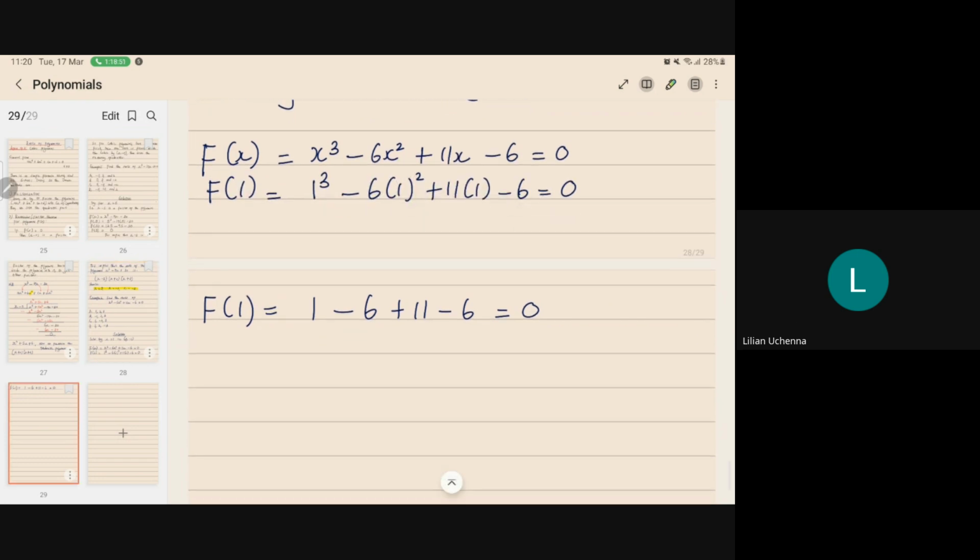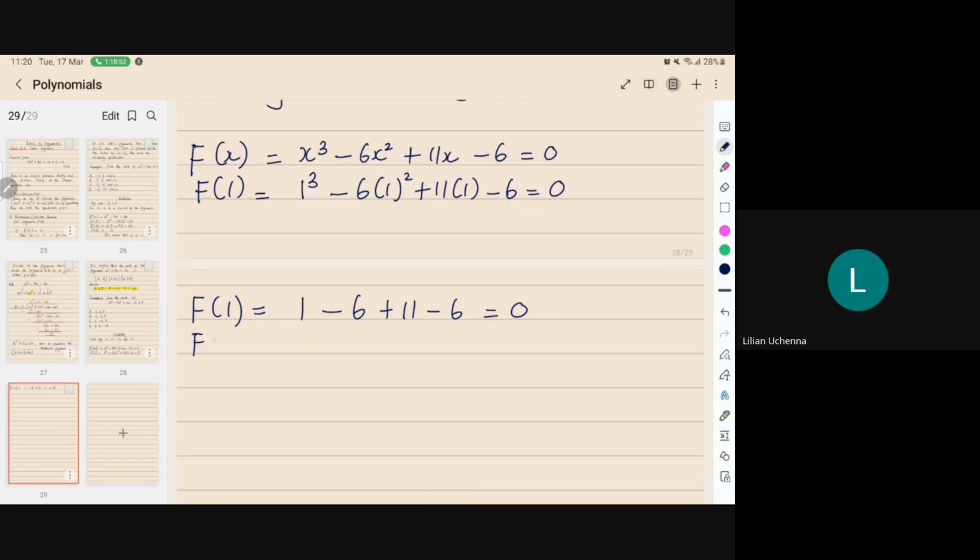So that said, we have f of 1 to be equal to 1 plus 11 minus 6.